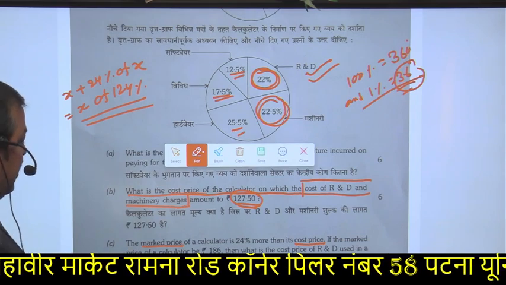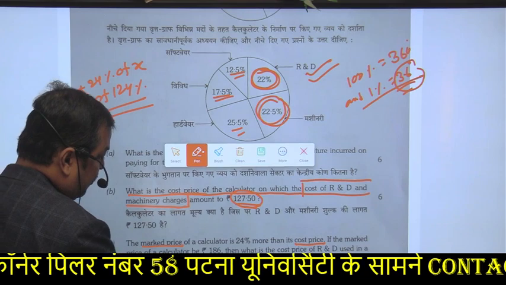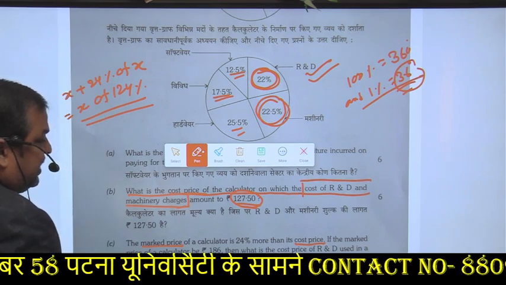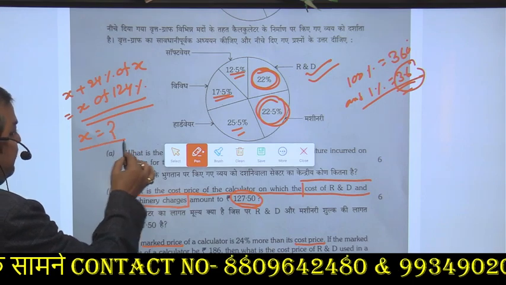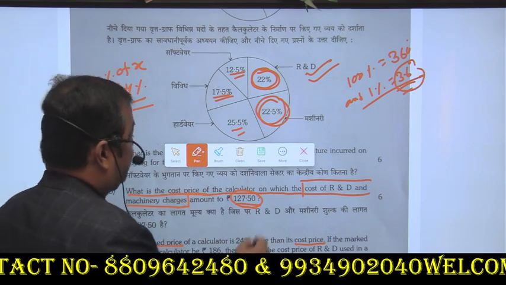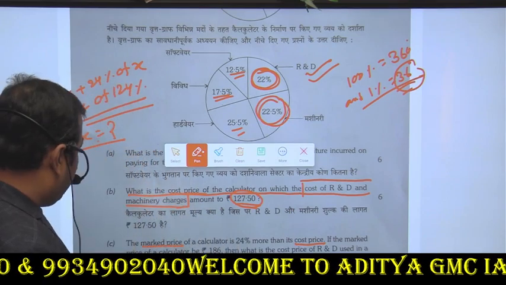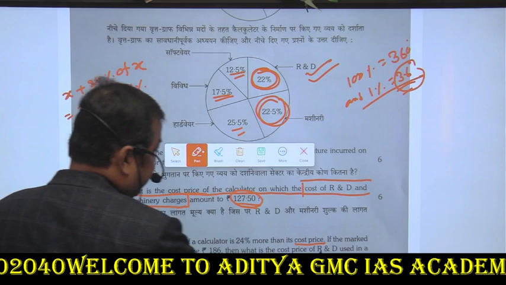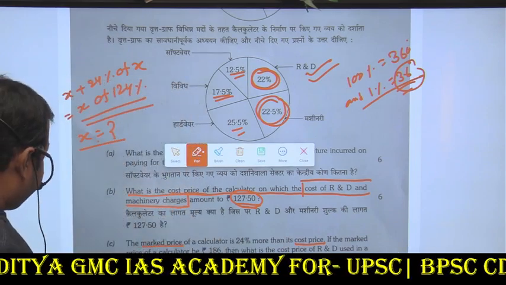So first of all, this value equals to 186 rupees. Then find out value of X and again find out 22% of this value. We find out R&D. Detailed explanation after some time.